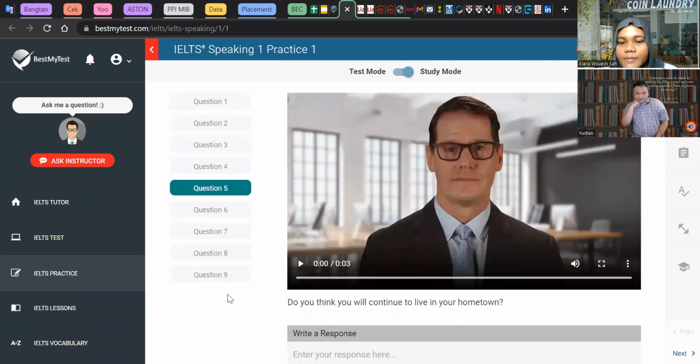Probably in the next three to five years, but sooner or later, I'll probably have to move out somewhere else, probably to another country, not even to another town. But for now, I don't have my own house. This is my parents' house, basically, the one that I'm living in.